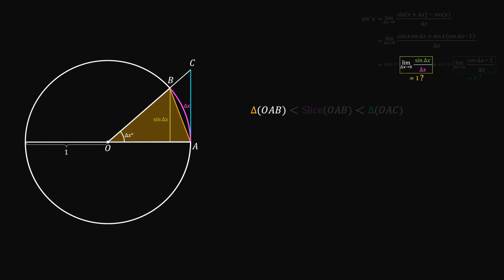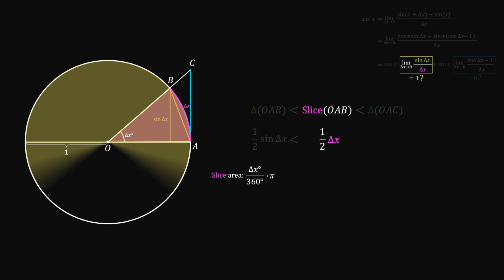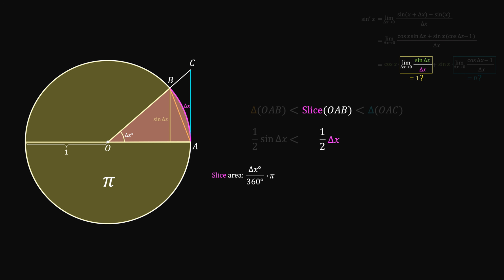The first triangle has an area of 1/2 sine delta x. The area of the slice is half the arc length. Here's why. The slice area is a fraction of the overall area, which is the angle divided over 360 times pi. Pi is the area of a unit circle.